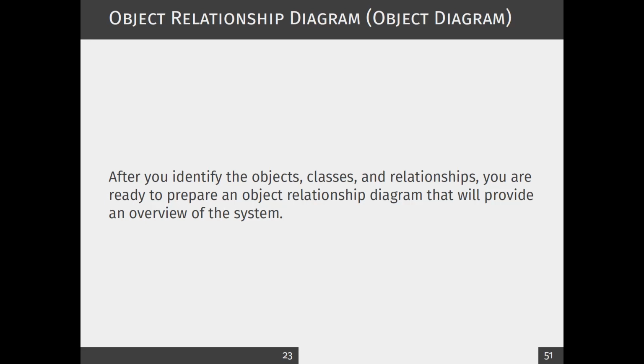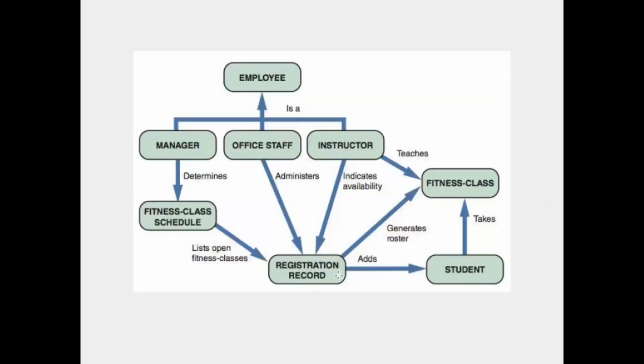Sometimes we can relate it to the ER diagram, but in an ER diagram, we don't have any methods as such. So this can represent all the relationships in your information system, which we call the object relationship diagram. So we have an example.